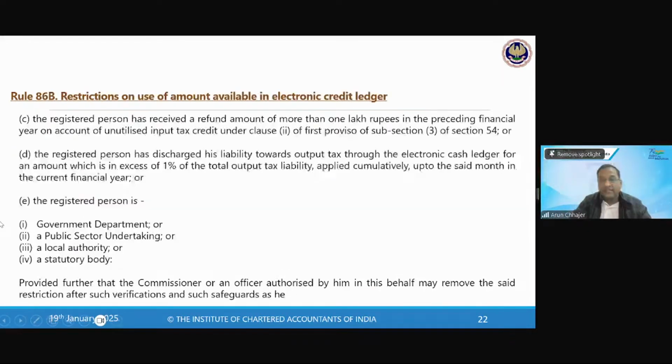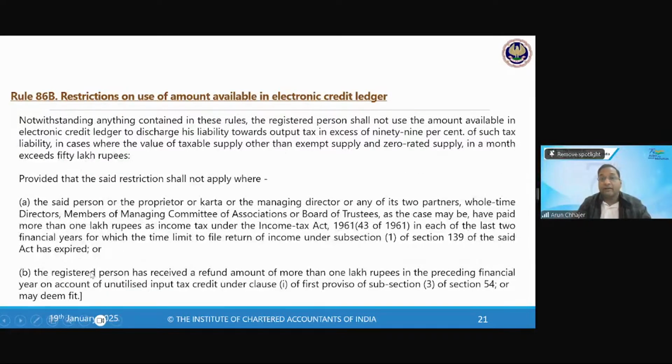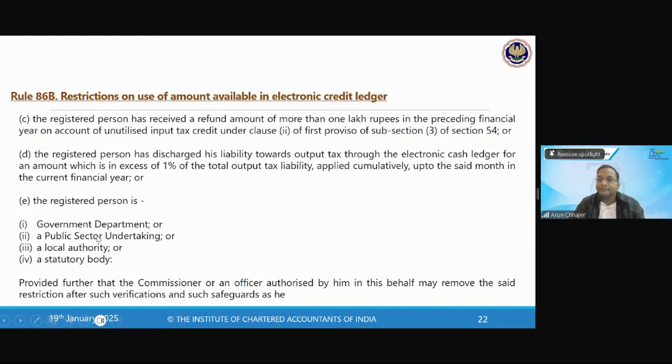The previous one is 54.3.1. It is talking about the refund of ITC by virtue of export or zero rated supply. So if you have taken the refund because of clause 1, that is export, 54.3.1, or because of 54.3.2, inverted duty structure, and suppose you have already paid the liability more than 1%.